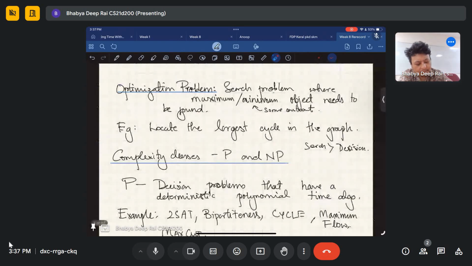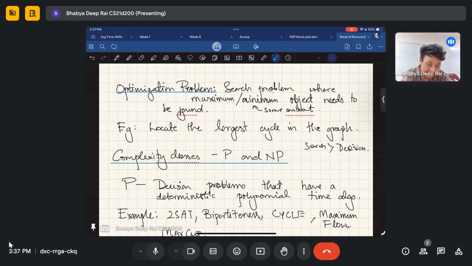Now, optimization problem. An optimization problem is also a type of search problem, except you have what is called an objective function, which you are trying to either maximize or minimize. Say finding the minimum path is an example. Finding the maximum length path in a graph is an example.